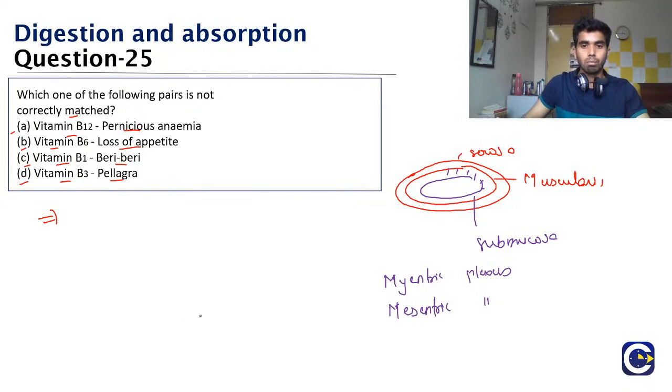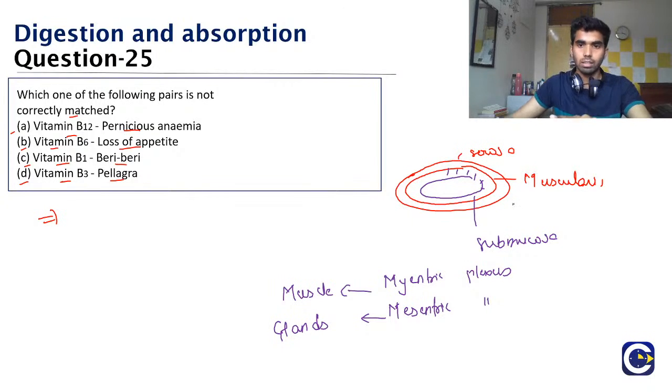Myenteric plexus, myo always refers to muscle. So the myenteric plexus controls the muscles, and the other plexus controls all the glands present inside this alimentary canal. It is formed by a nerve.